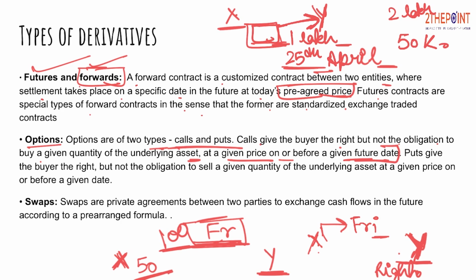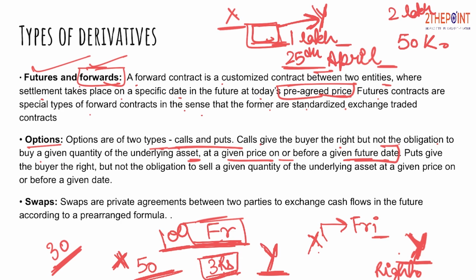What if the movie is a flop? Then the price will fall to 30. So Y on Friday gets to know that the movie is a flop, and now Y will not exercise his right of buying the ticket. Only a certain amount of premium will be paid. Let's suppose it was decided that 3 rupees is the premium to enter into the contract, right?